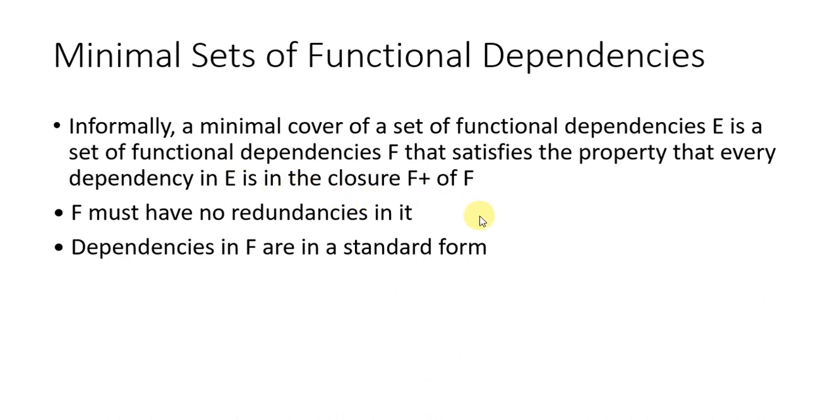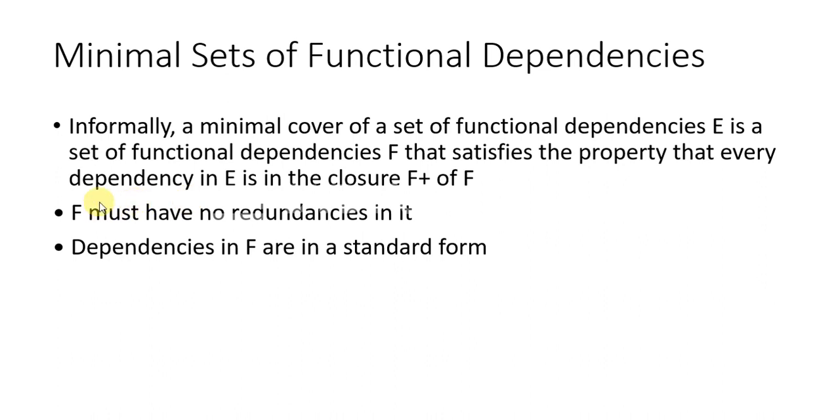So we have a set E, which is a set of functional dependencies, and we are trying to find the minimal cover of this E. What is this minimal cover? That is another set, F, that satisfies the property that every dependency in E is in the closure F plus of F. That is one condition, and it must also satisfy two other conditions.